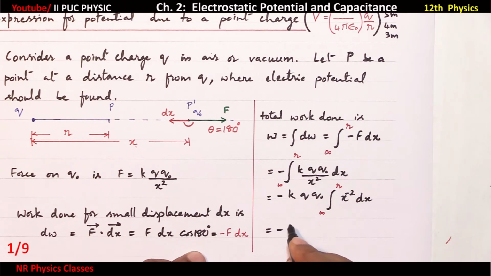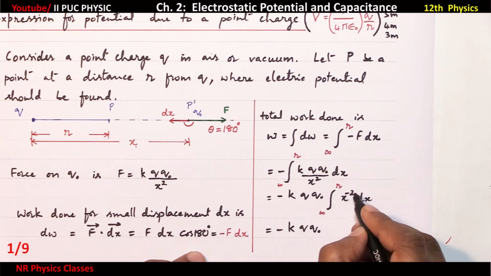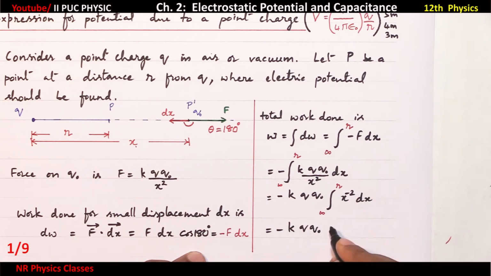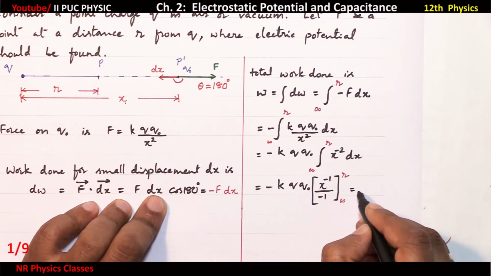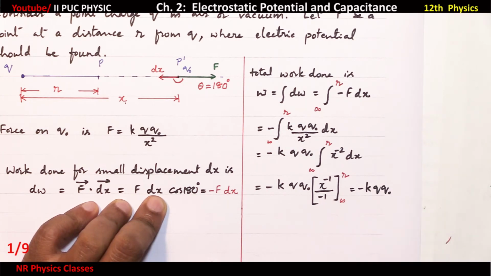Minus constant Q0, x to the power of minus 2 plus 1. X to the power of minus 2 plus 1 is minus 1, by the same exponent in the denominator, minus 1. Limits are from infinity to r, equal to minus k Q0.